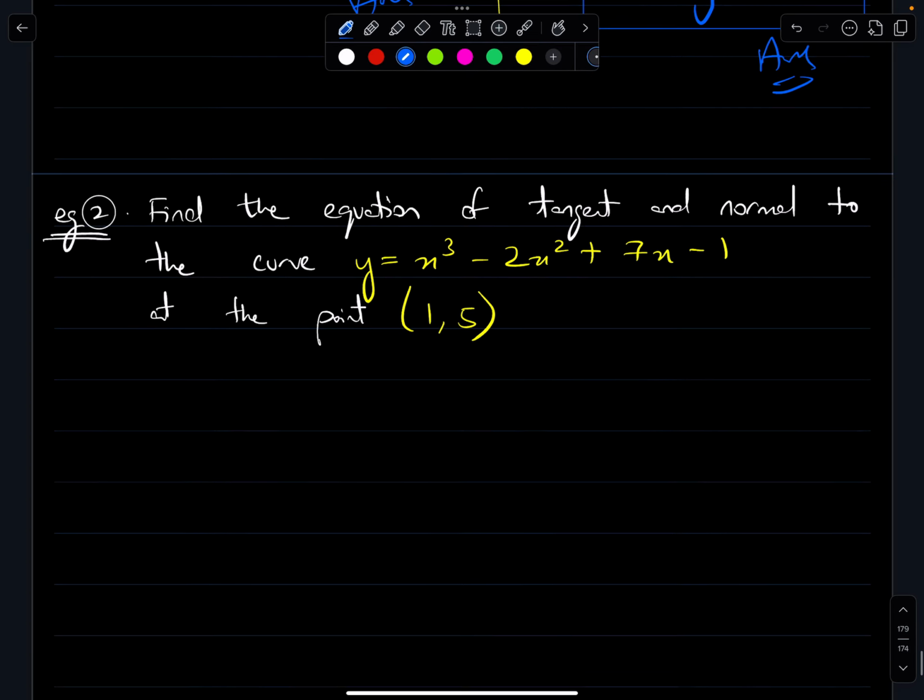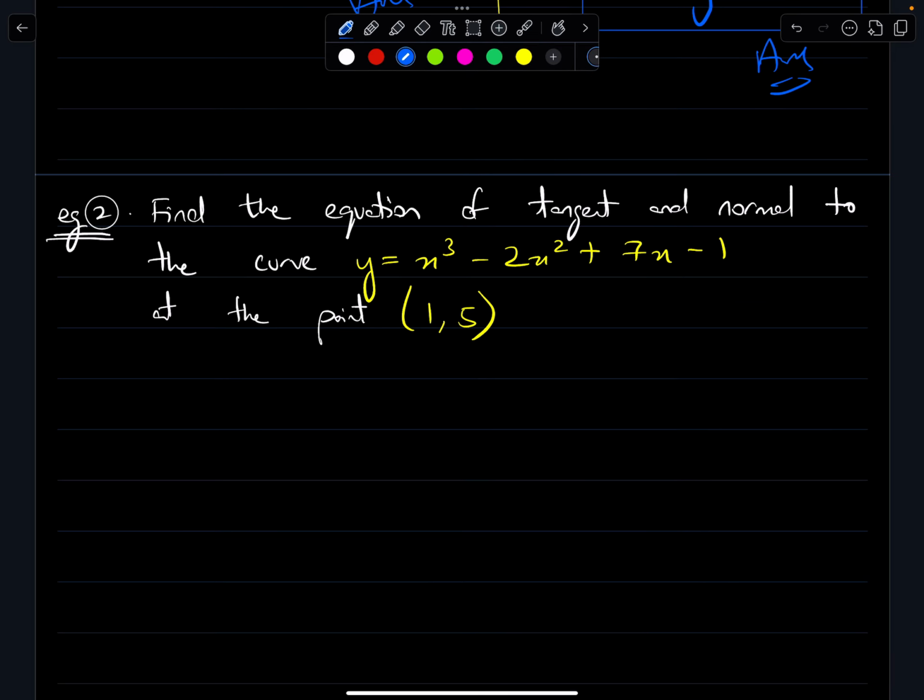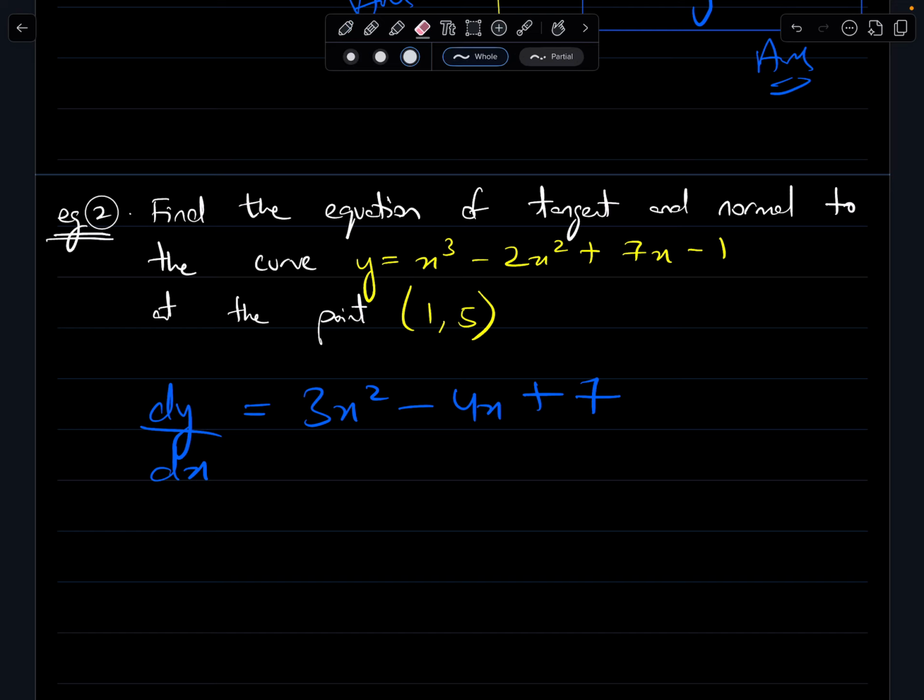Now, the second example, the last of this lecture. Find the equation of tangent and normal to the curve at this point. So start by finding dy by dx, which is 3x square minus 4x plus 7. Alright, and then substitute the x coordinate.